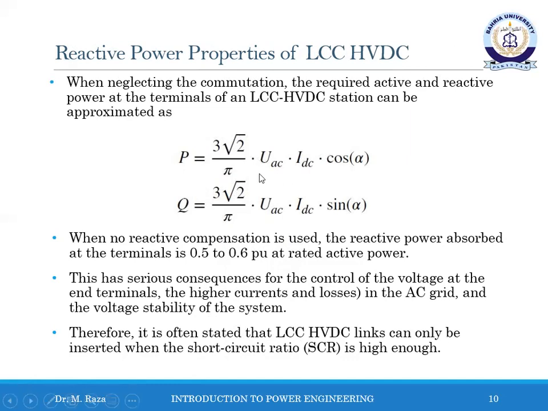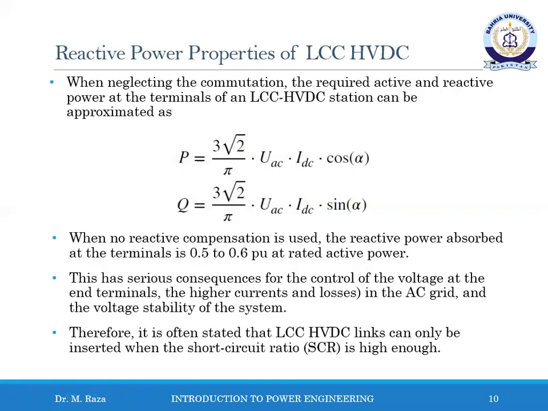So if we apply this equation for the rectifier, we call this alpha, but for inverter operation, alpha is replaced by the extinction angle and the whole equation is valid.